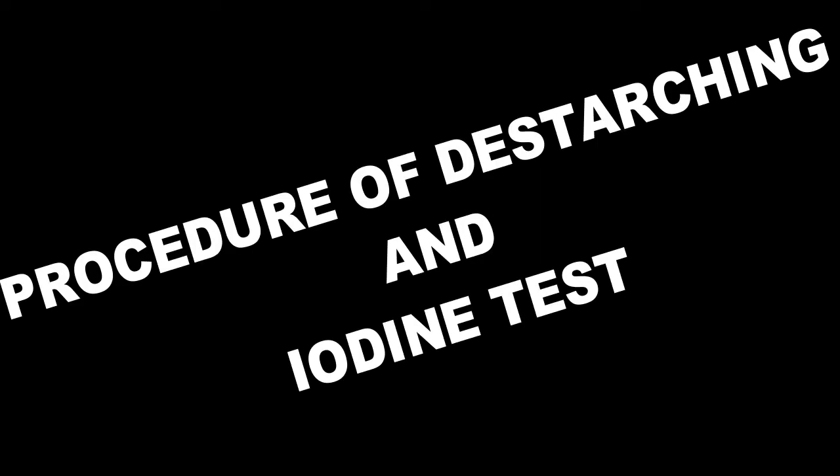Before conducting the experiments, we have to follow a procedure, which is destarching. What is destarching? It is the removal of any pre-existing starch from the plant. A plant used for experiments on photosynthesis needs to be destarched, which can be done by the following methods.